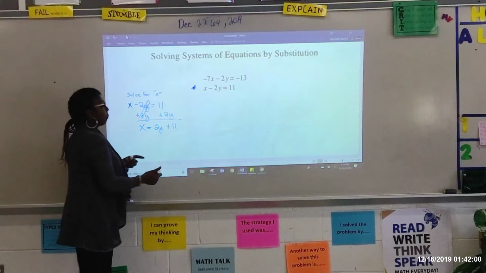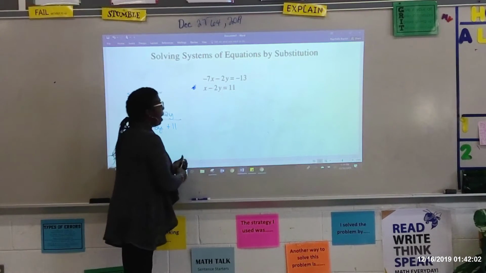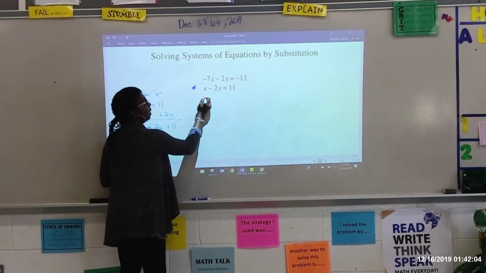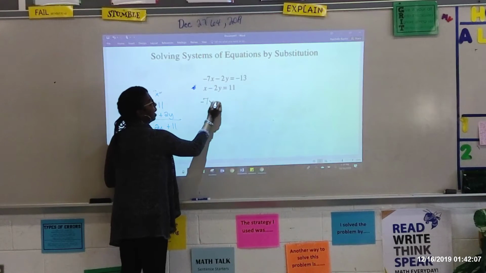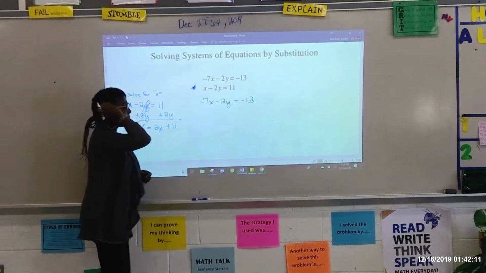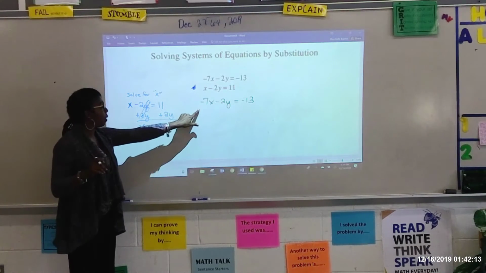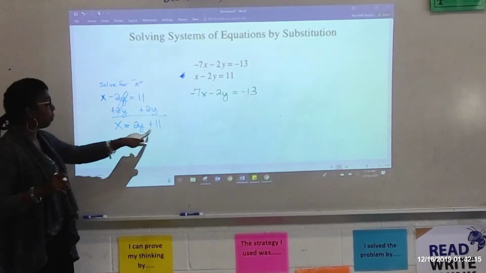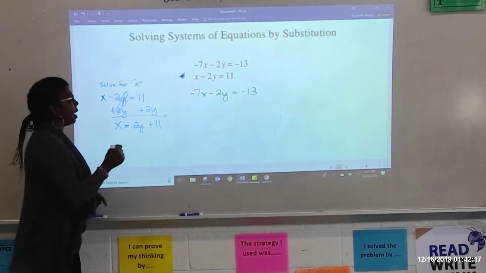So let's do so. I'm going to write the first equation, negative 7x minus 2y equals negative 13. Okay? So now I'm going to plug in 2y plus 11 every time I see x.